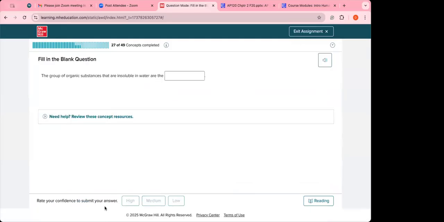The group of organic substances that are insoluble in water are the what? So if they don't dissolve in water, but they are organic, what do we call them?